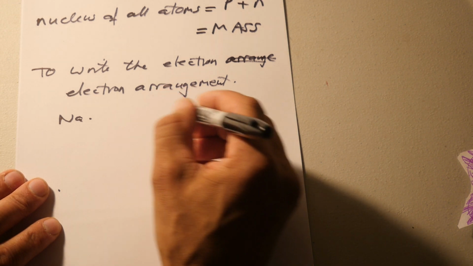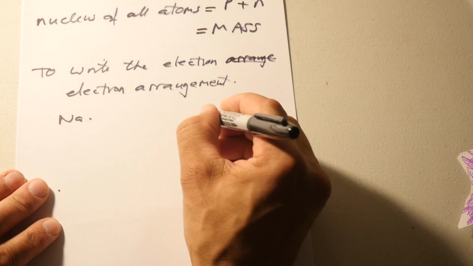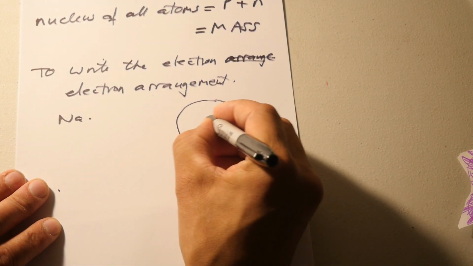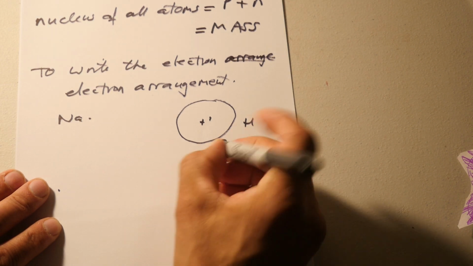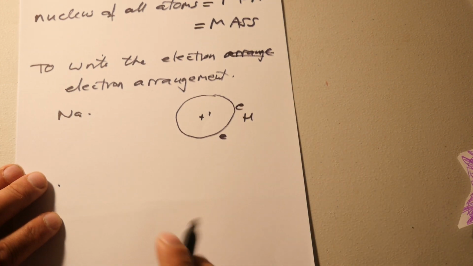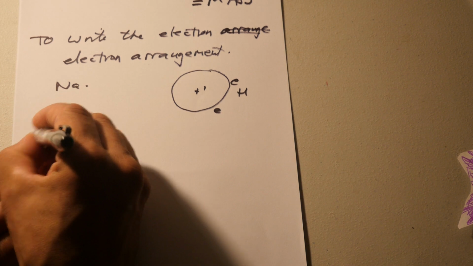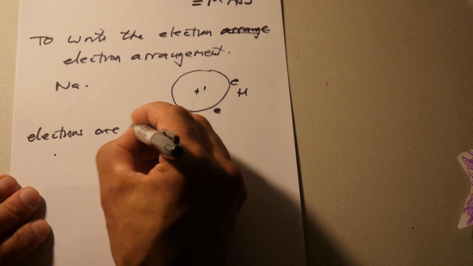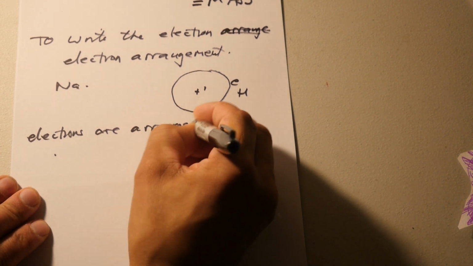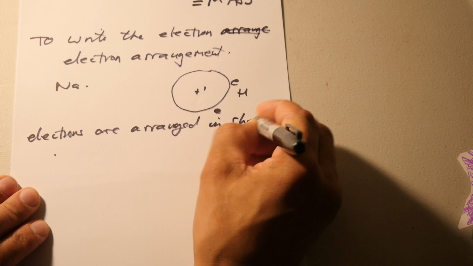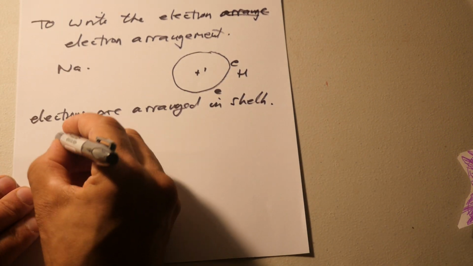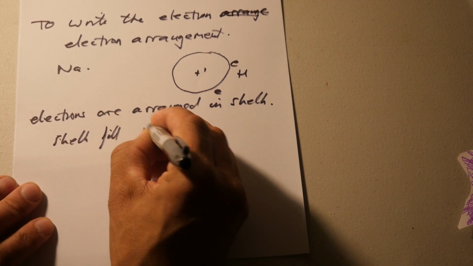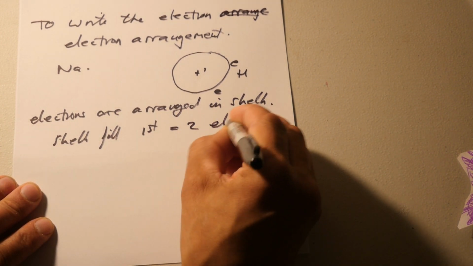I showed hydrogen before: a single plus and a single electron, okay. In sodium, the electrons are in shells, okay? The shells fill, so the first shell contains 2 electrons.